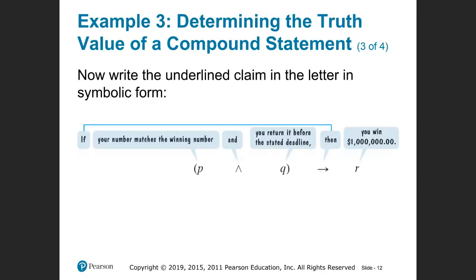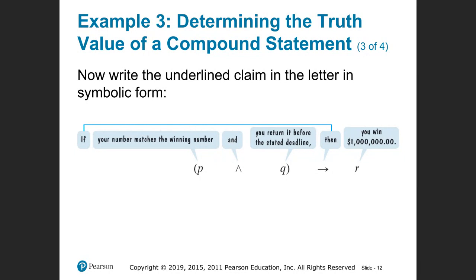All right, now we're going to write the underlying claim in the letter in symbolic form, which we kind of already did. If then is the biggie. So your number matches the winning number, which is P, and the symbol. You return it before the stated deadline.